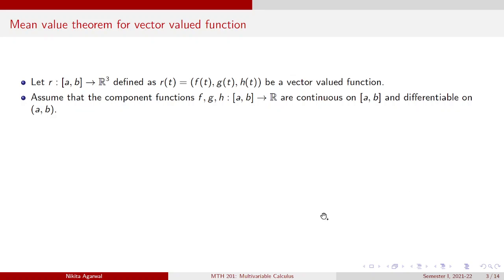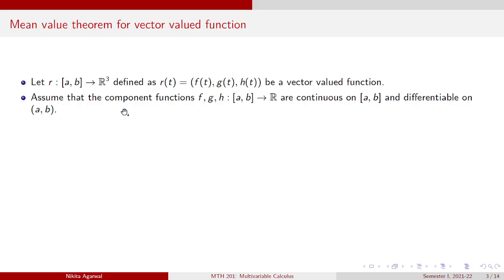Let r going from the closed interval [a, b] to R3 be defined as r(t) = (f(t), g(t), h(t)), and this is a vector valued function on R3.